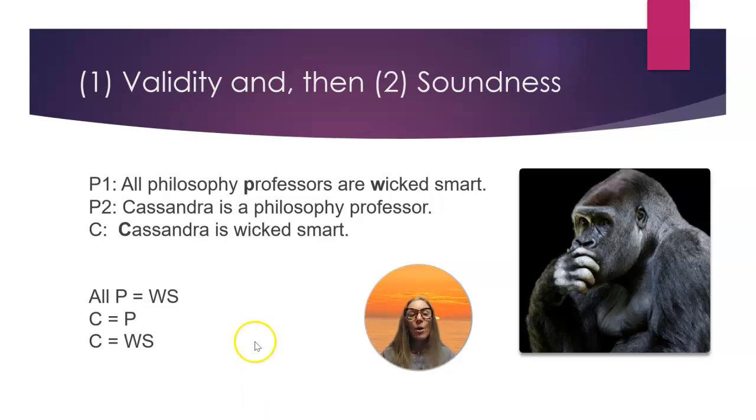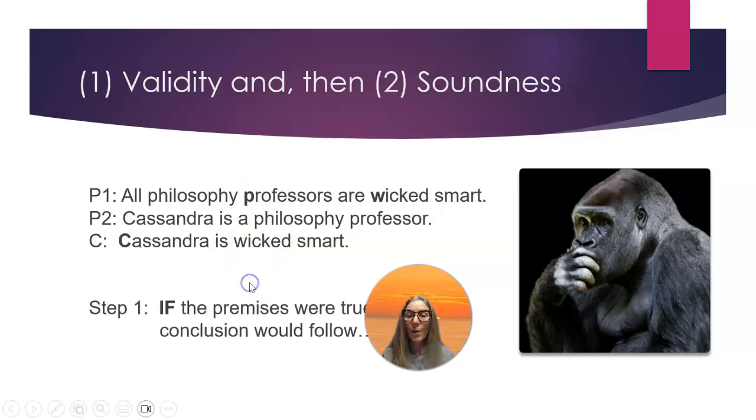So if I say all professors are wicked smart, Cassandra is a philosophy professor, Cassandra is wicked smart, you're going to go to step one. What was step one? Is this a valid form? So I don't want you to worry about whether these things are true or not. Right now, just ask yourself, if these things were true, would the conclusion have to follow? And what do you think the answer is?